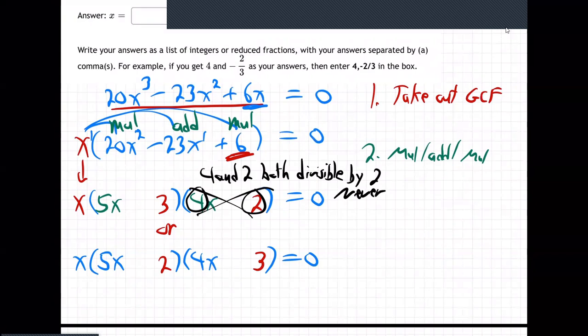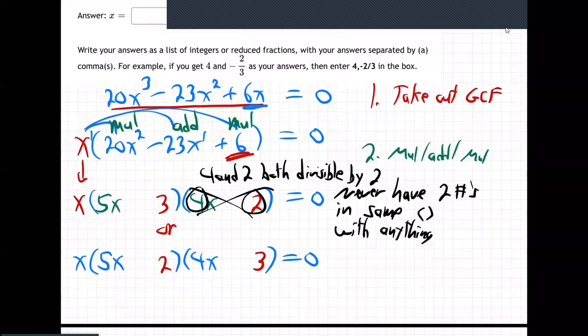You never have 2 numbers in the same parenthesis with anything in common. You can't have that. Why not? Because we took out what's in common on the first step, right? We looked and we said 20, 23, and 6. There's nothing in common. So there can't be something in common later.